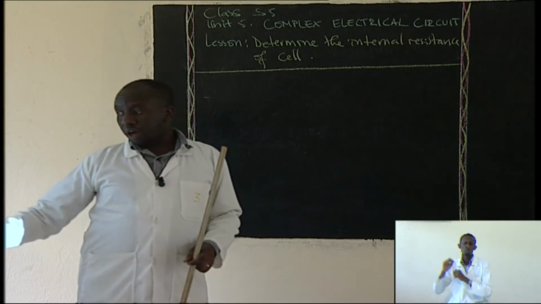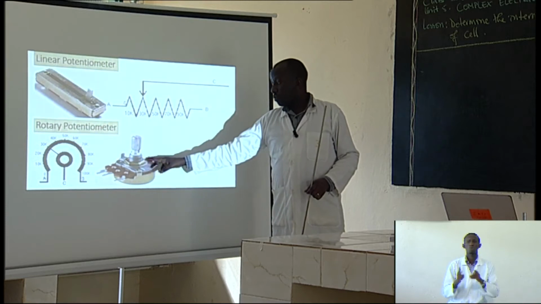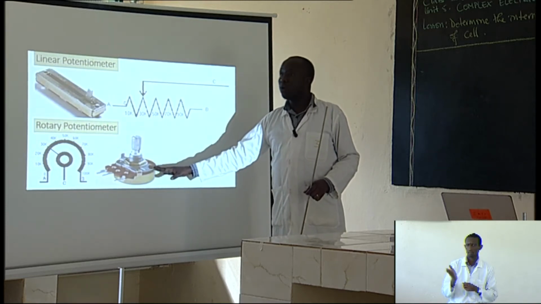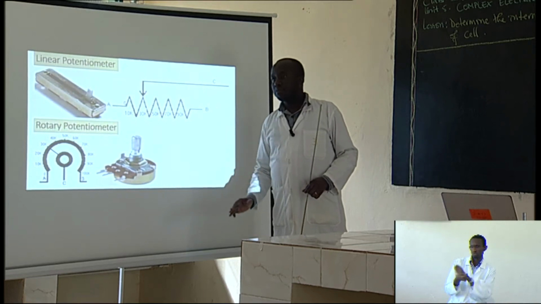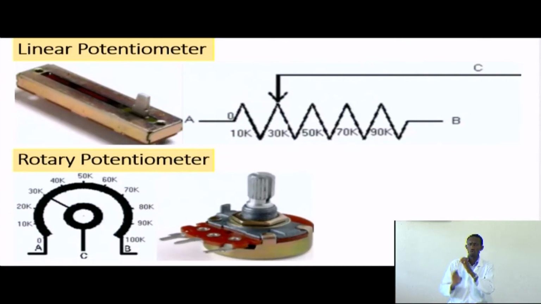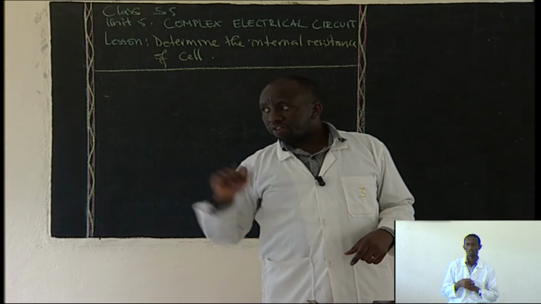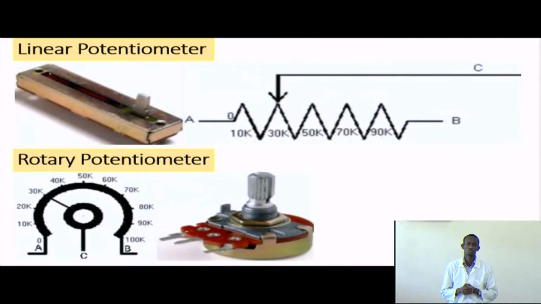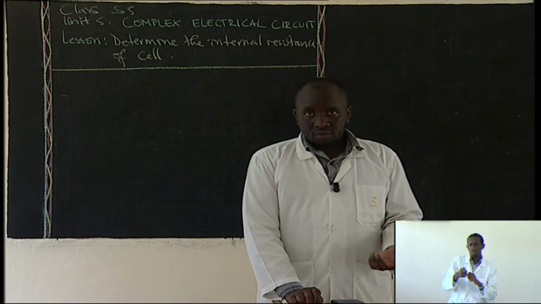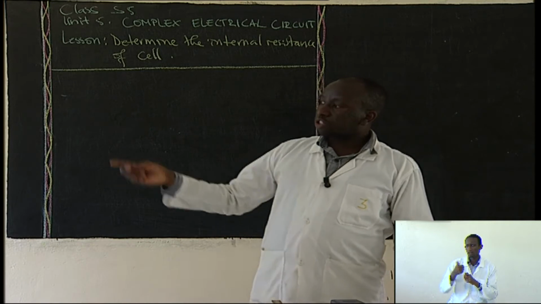Normally it is for changing the magnitude of the volume of your radio, right? This is what I can add, but this one looks like what you can adjust to change the frequencies, okay?